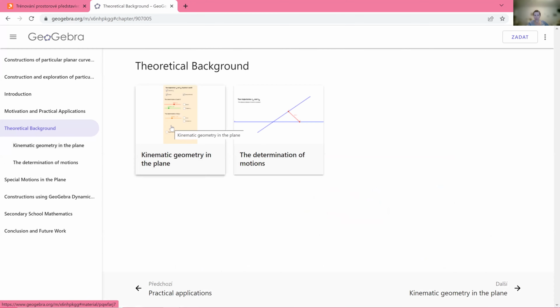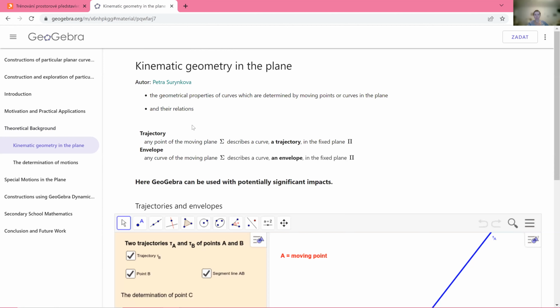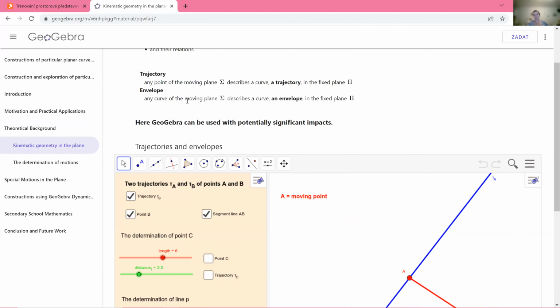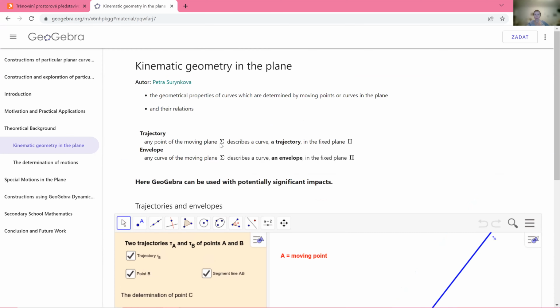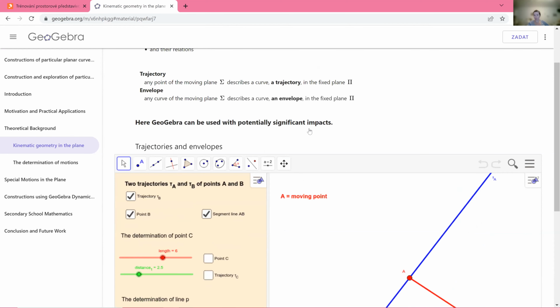What is kinematic geometry about? We are speaking about curves, about points that are moving in the plane. Of course, we can go also to higher dimensions, but now I'm only in the plane. So any point of the moving plane is describing a curve.